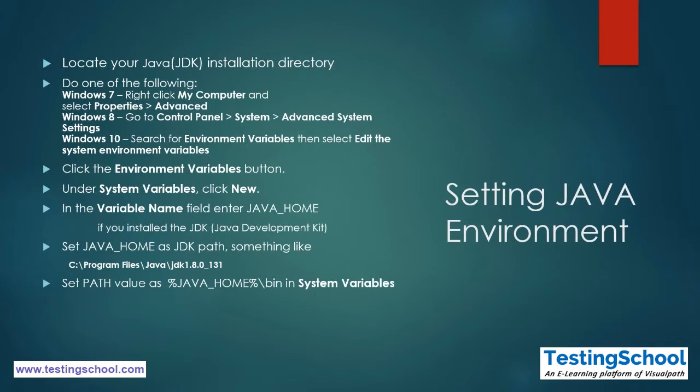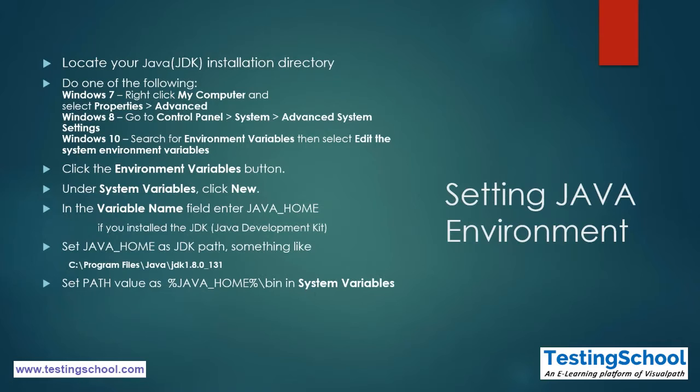Once you set the JAVA_HOME variable under system variables, you need to set Path, one more variable. It will be predefined because it is also used by other application programs. Once you go to Path, you need to click on New and give the JAVA_HOME and the bin folder path.